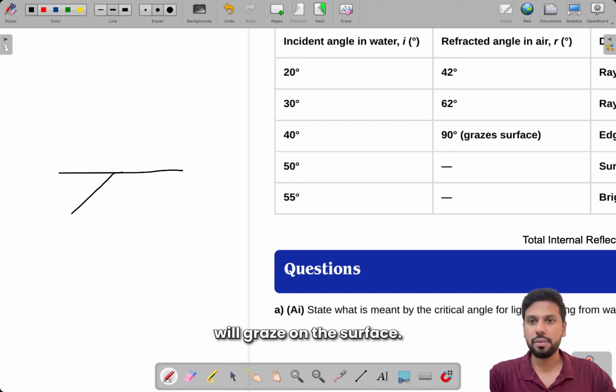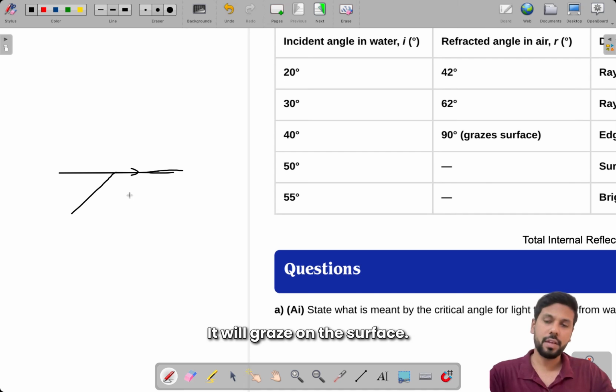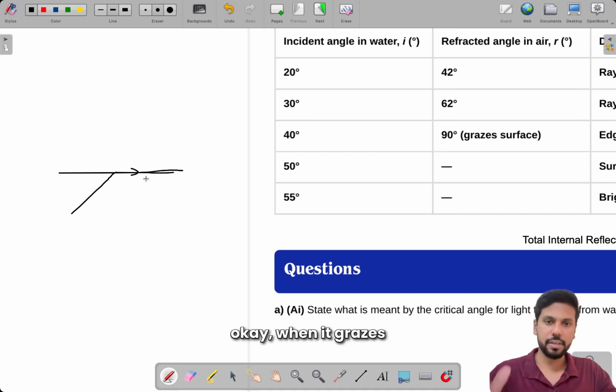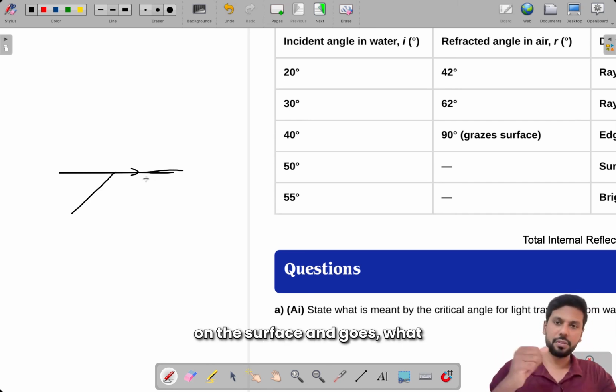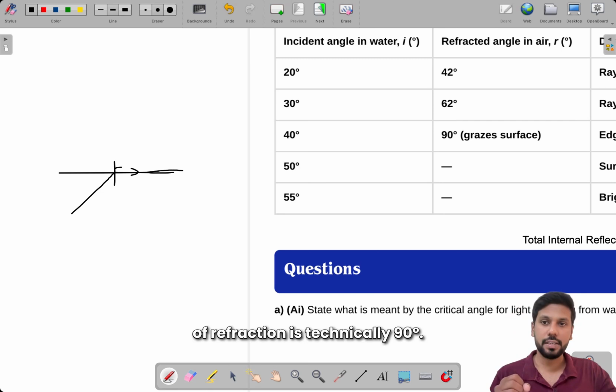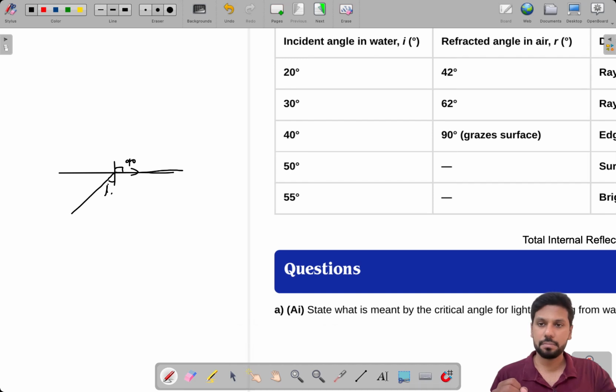When it grazes the surface, the angle of refraction is technically 90 degrees, and this is your critical angle, IC.